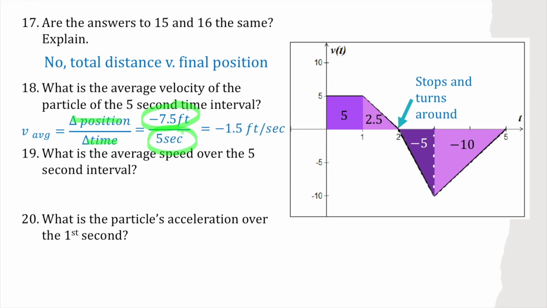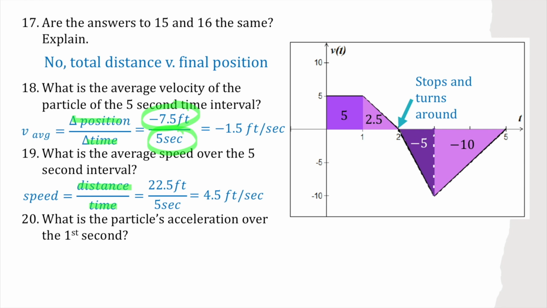So that's -1.5 feet per second. Number 19 says, what is the average speed over the 5-second interval? That's different now. It's total distance divided by time. So this time we use the 22.5 and divide it by 5. So 4.5 feet per second.